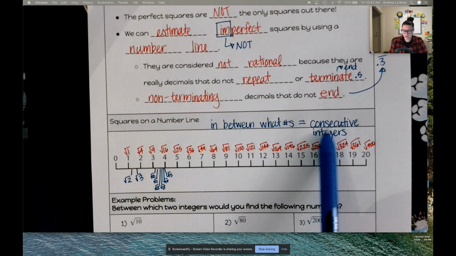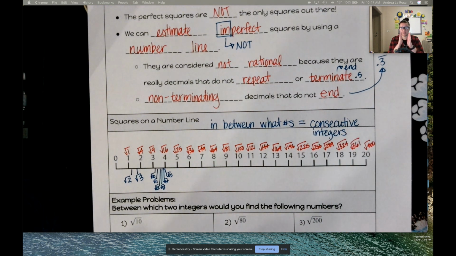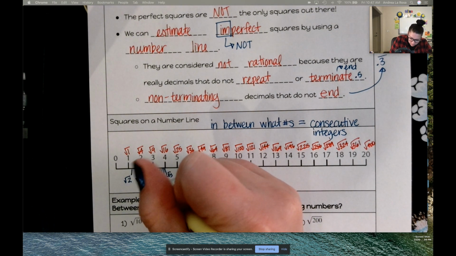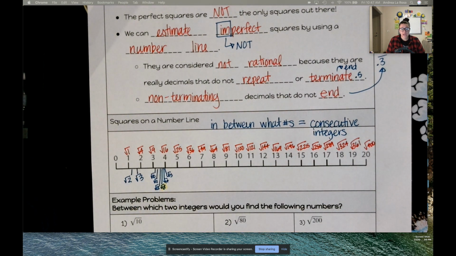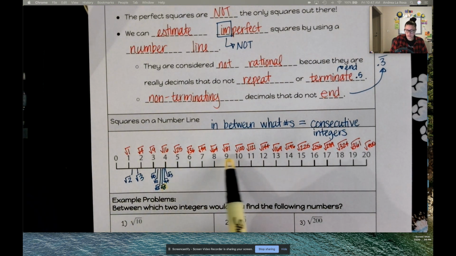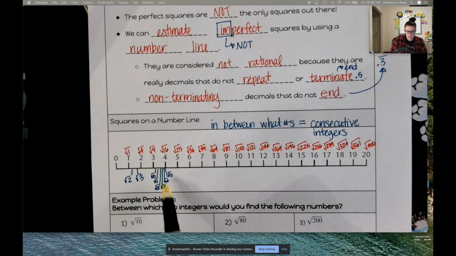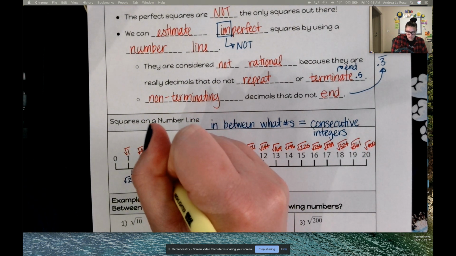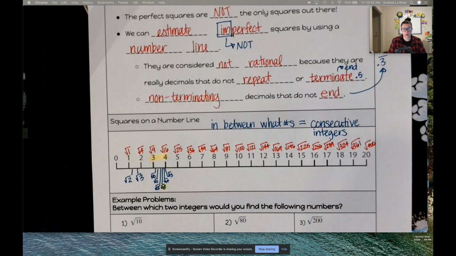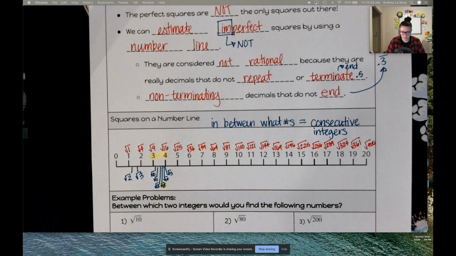So that vocabulary word consecutive means side by side, right next to each other. If I'm looking at the square root of 13, and I say between what two consecutive integers is the square root of 13, I'm looking for these regular numbers here, these integers. So between what two numbers is the square root of 13? You would say 3 and 4.